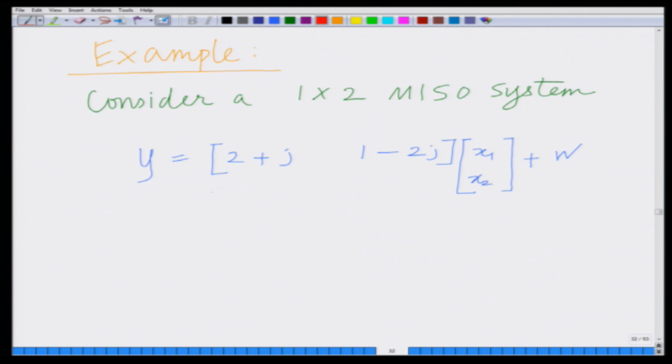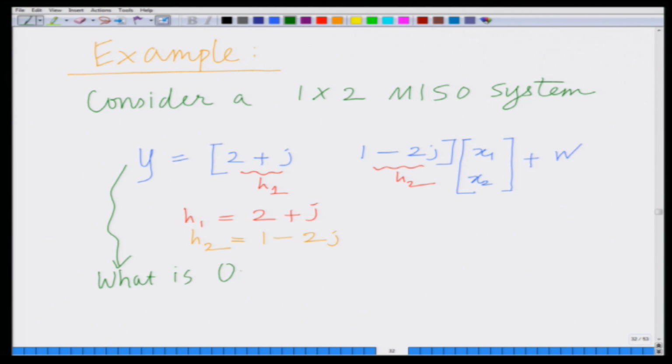So, basically what we are saying is our h1 equals 2 plus j, our h2 equals 1 minus 2j, and we are asking what is the optimal transmit beamforming procedure.